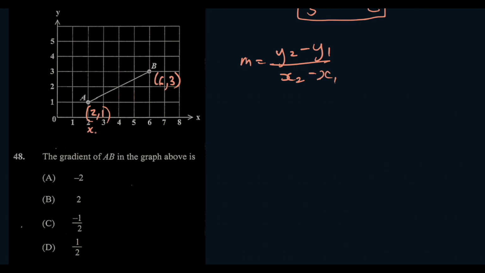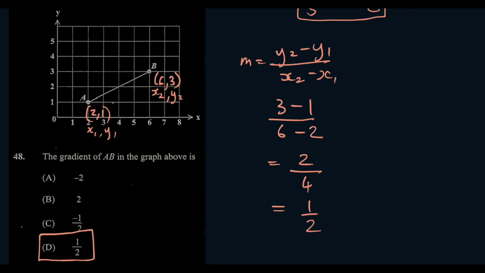So I'm going to label this x1, y1, and call this x2, y2. So in that case, I'll have 3, which is y2, minus 1, which is y1, over x2, which is 6, minus x1, which is 2. So 3 minus 1 is 2 over 6 minus 2, which is 4. This is the same thing as having a half, because this can be reduced to a half.